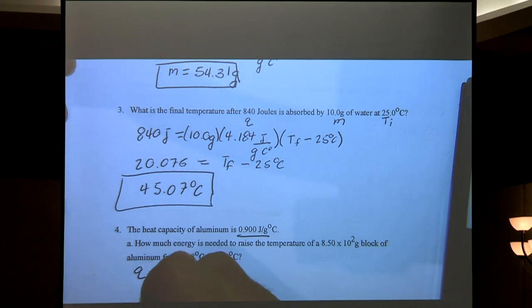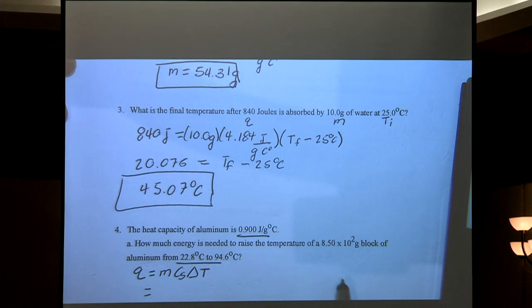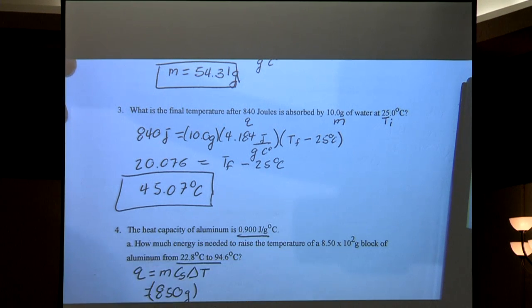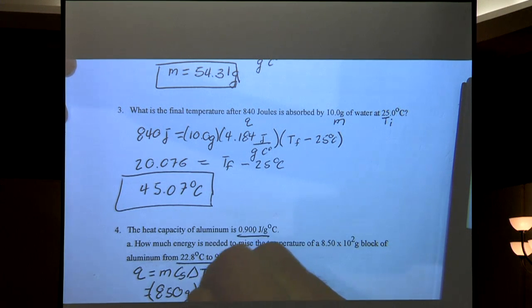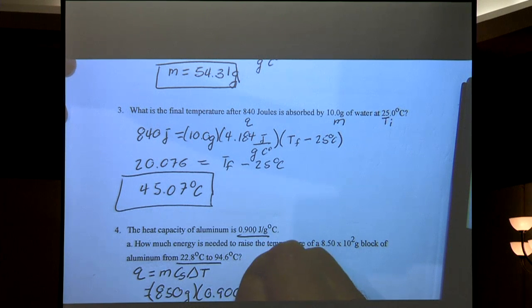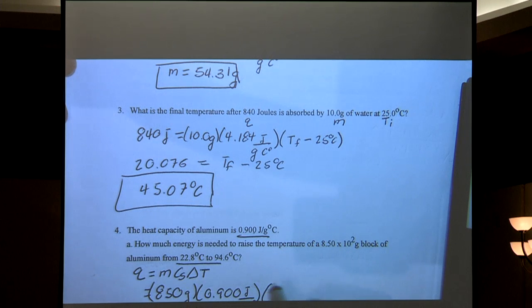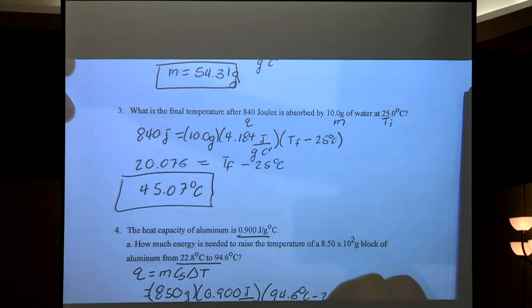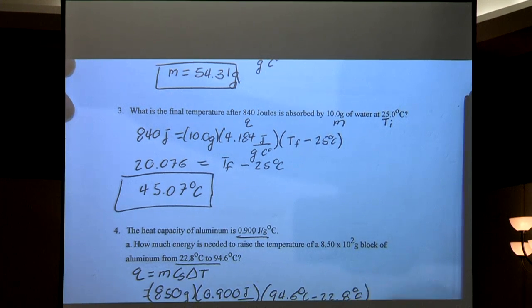Okay. We get our m. What's my m? 8.5 times 10 to the 2, or 850. 850 grams times my Cs, which is right here, 0.900 joules per gram times degrees Celsius, times my delta T, which is 94.6 degrees Celsius minus 22.8 degrees Celsius.